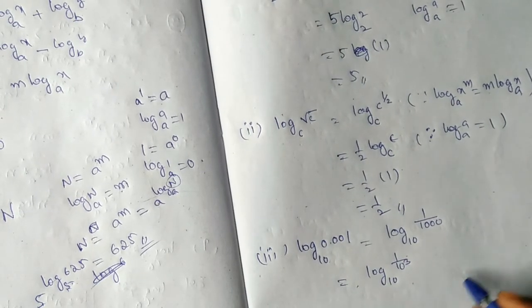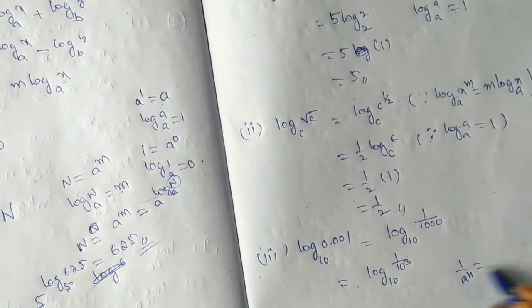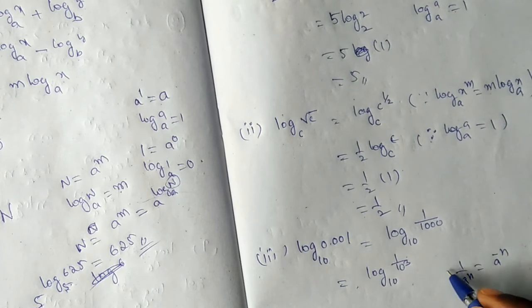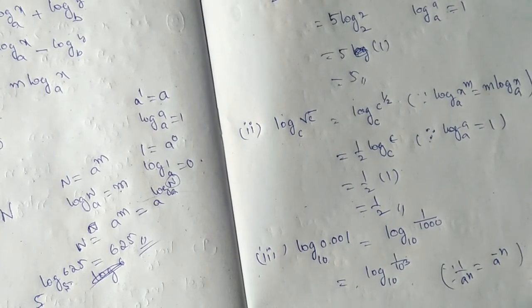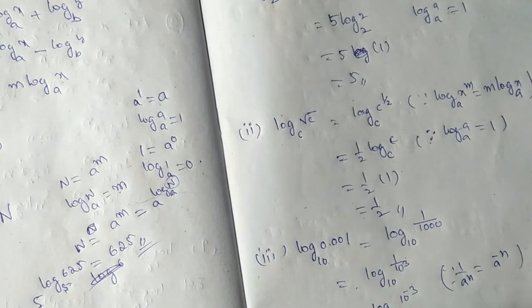We know one exponential law: 1 by a to the power of n is equal to a to the power of minus n. I am going to apply this. So log 10 to the power of minus 3 base 10.